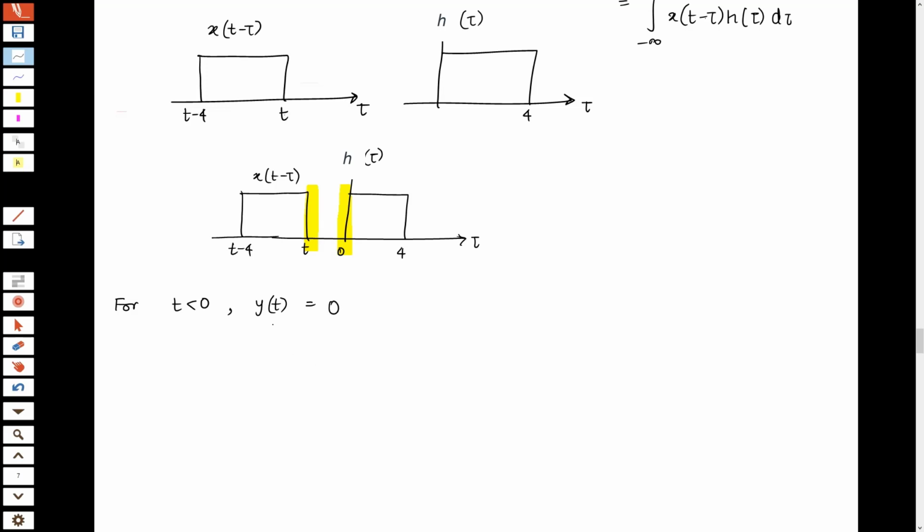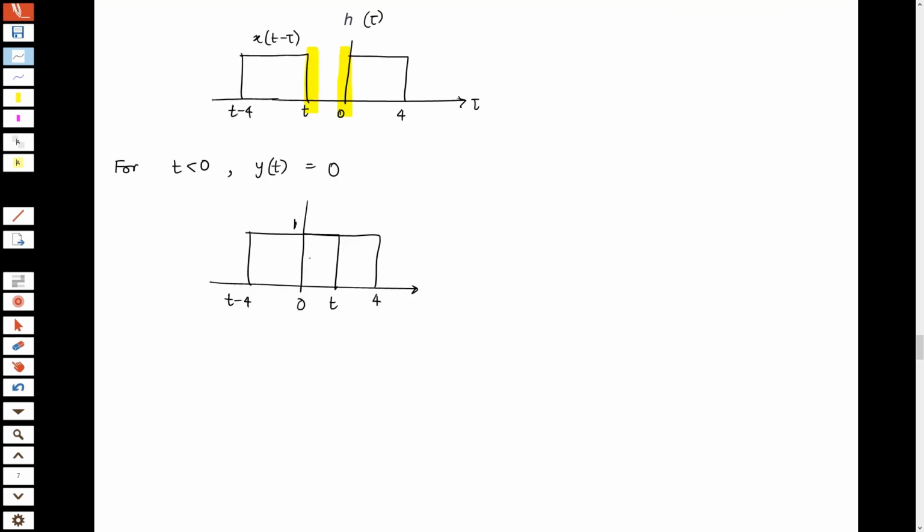Let's look at the next case where this has moved further, something like this. So this is t and this is t minus 4. What is this value? I think it's 1. Now, if we were to multiply these two signals, let me draw this signal in blue. The only overlapping region is this, right? That means 0 to t is the only common area.